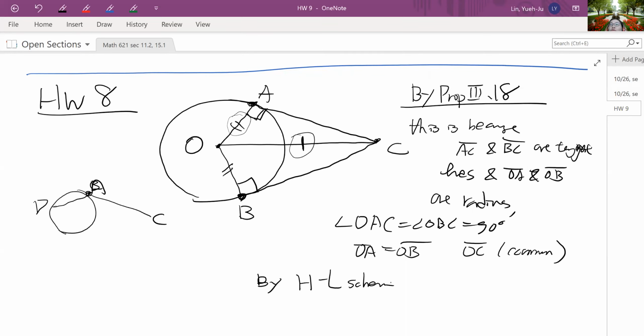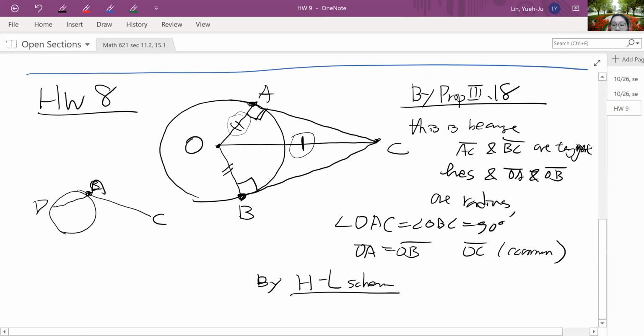It needs to be a right triangle to be correct. So to avoid ambiguity, it's better you just tell me it's the HL scheme, which stands for hypotenuse and leg, right? By this scheme, we know those two triangles are congruent, then you prove AC equals BC, okay?